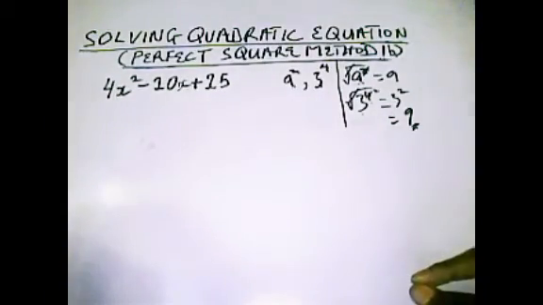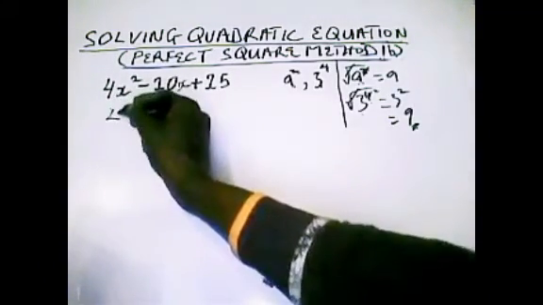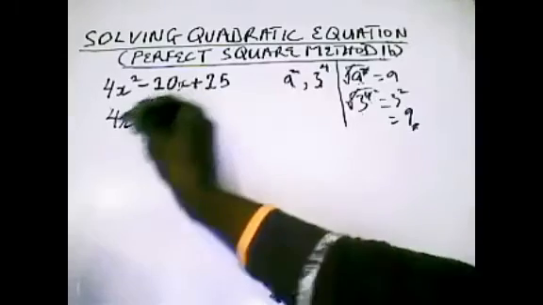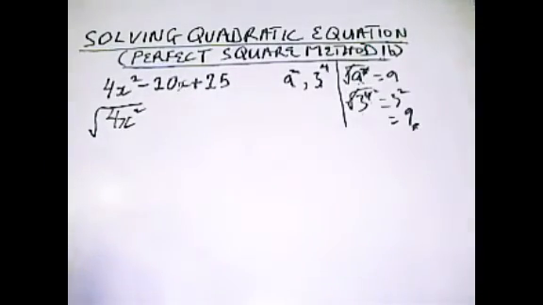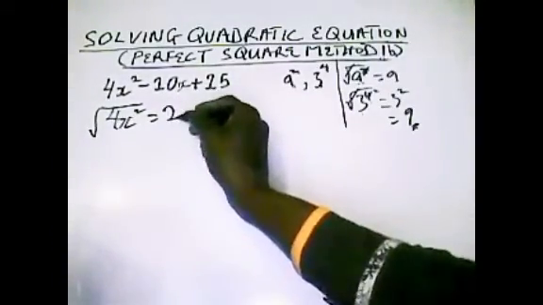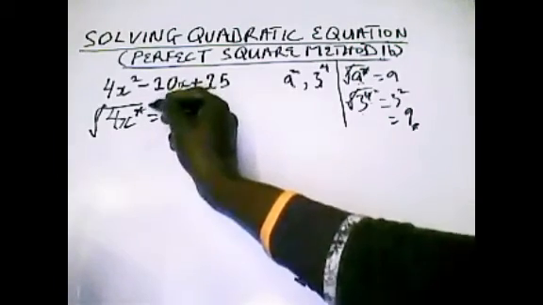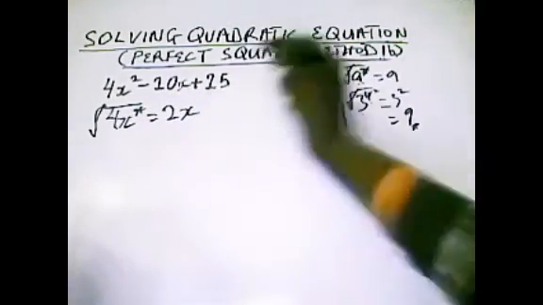How do we test to know if they are perfect squares? Take this first term, 4x squared, and we get the square root of that. The square root of 4 will give us 2, and of course you know what to do here, right? We divide the power here by 2 and that gives us 1, which means we have x power 1.